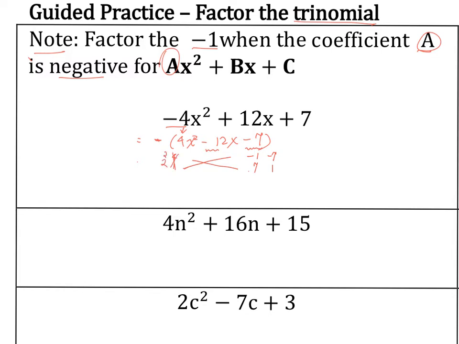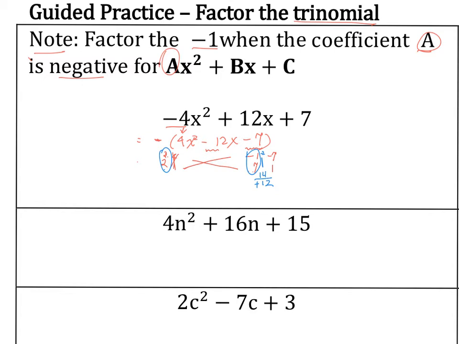Try 2 and 2. 2 times 2 makes 4. So 2 times 7 makes 14. 2 times negative 1 makes negative 2. And then the sum of these makes a positive 12. So we found it. 2 and 2, negative 1 and 7. As I said, with more practice, you'll become quicker with this.